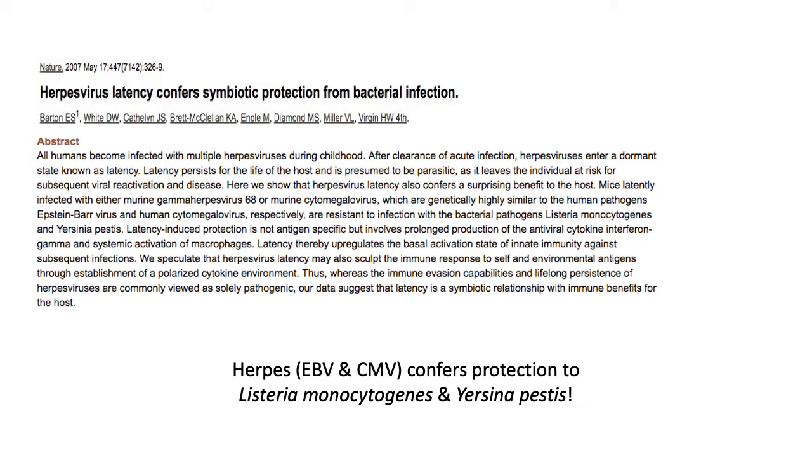Latency-induced protection is not antigen-specific but involves prolonged production of the antiviral cytokine interferon gamma and systemic activation of macrophages. Latency thereby upregulates the basal activation state of innate immunity against subsequent infections.